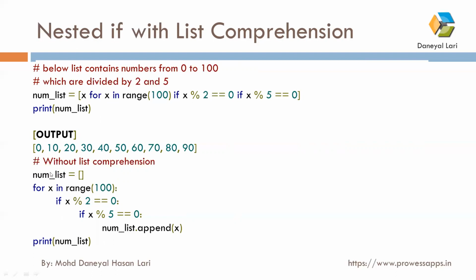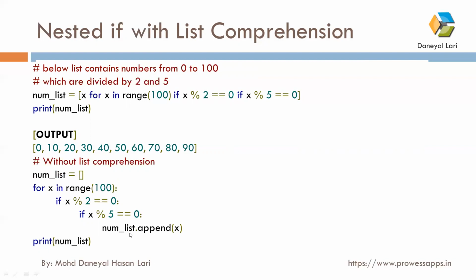First of all, you will create an empty list, and generate a range from 0 to 100, that is range 100. It will fetch the elements one by one, and after that you check that the number is divisible by 2 and divisible by 5, then that number must be appended to the list. After that you print the list by using the print statement.